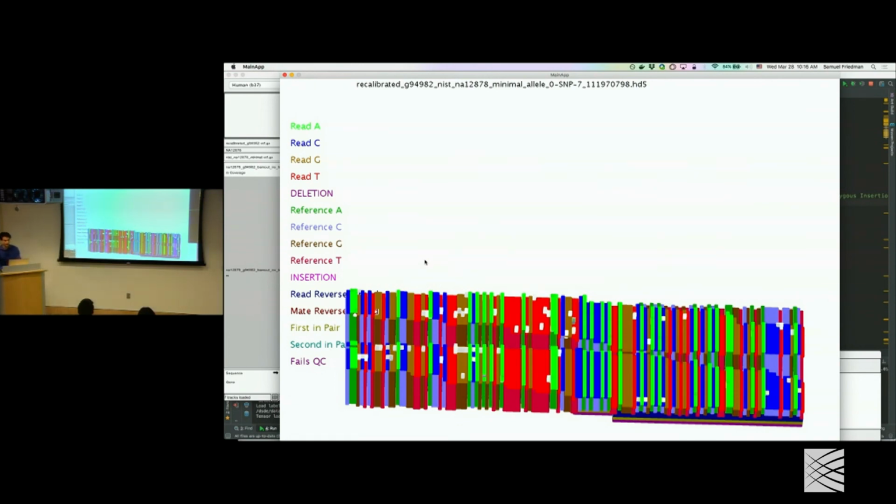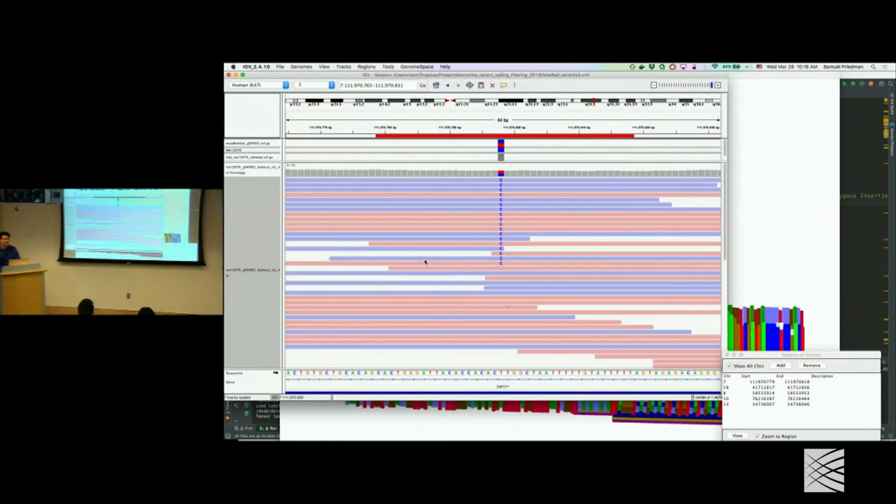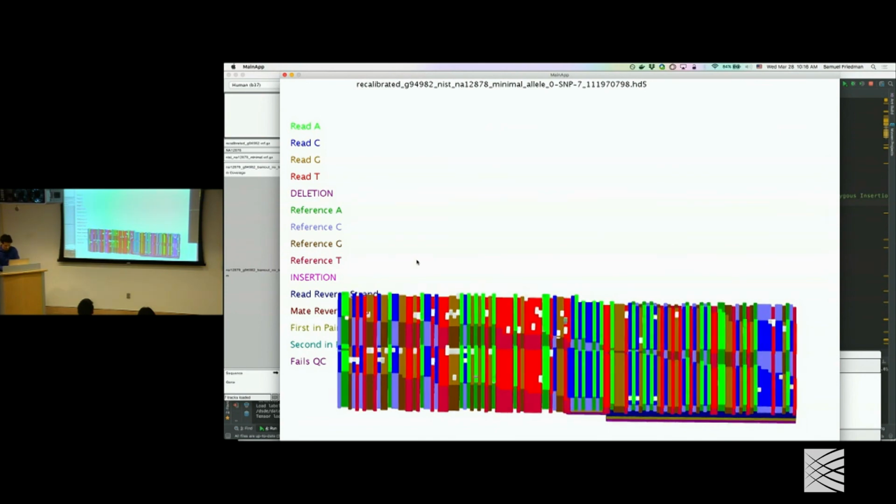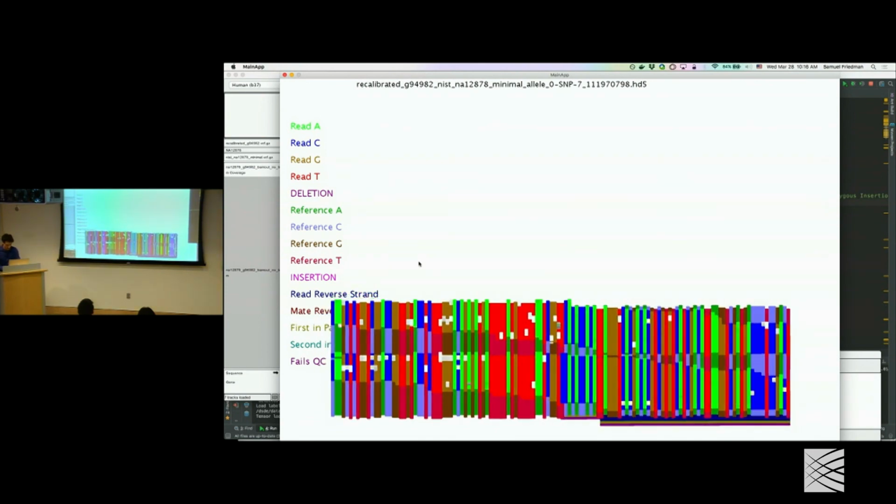So over here, we have it in IGV. You see that blue line of C's? Here is that blue line. You see how it's only half of them have this blue. It's just a different way of representing the same thing.